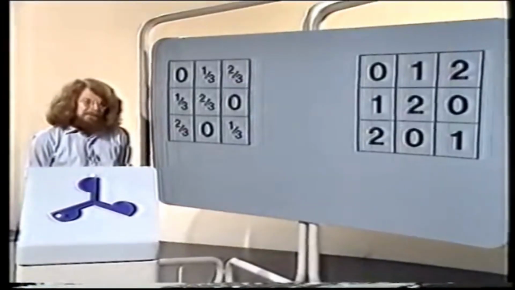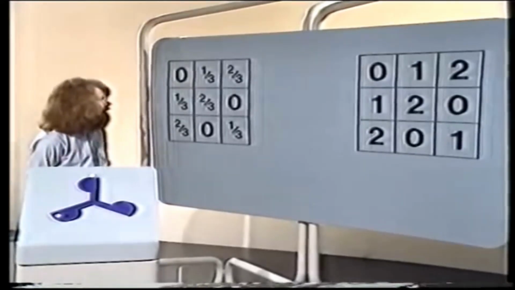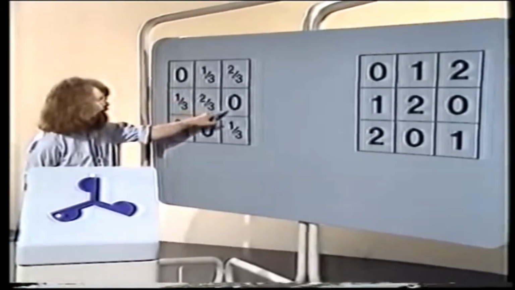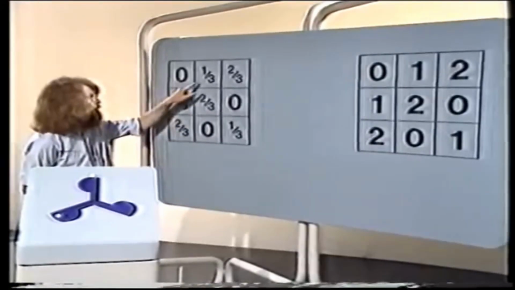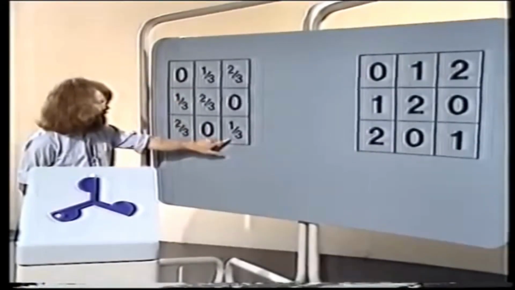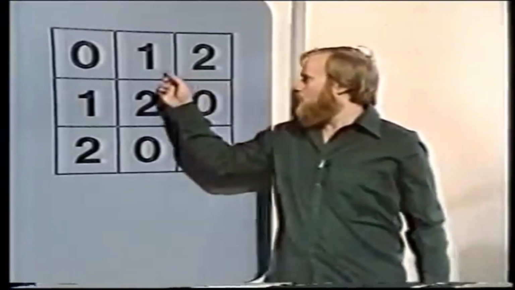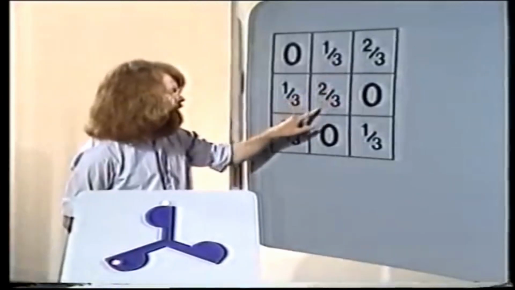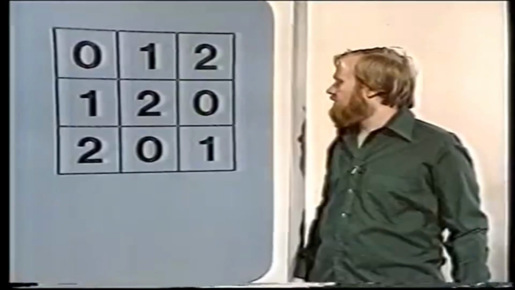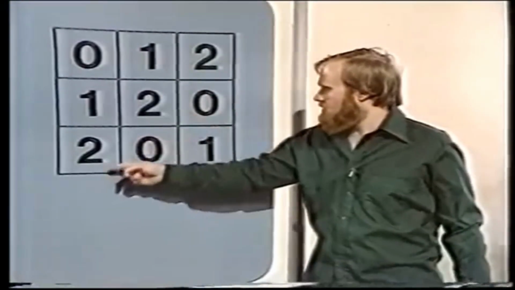By looking at these tables, can we see if they're isomorphic? Well, for a start, the identity, that's the 0, is in the same position in both tables. And in this table, the 1/3 are in these positions. I've got 1 in those 3 positions here. And here, the 2/3 are in these positions. In the corresponding positions here, we have 2 each time.